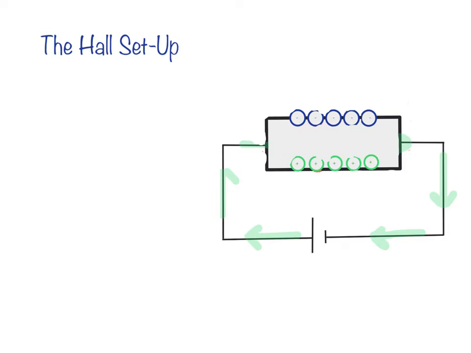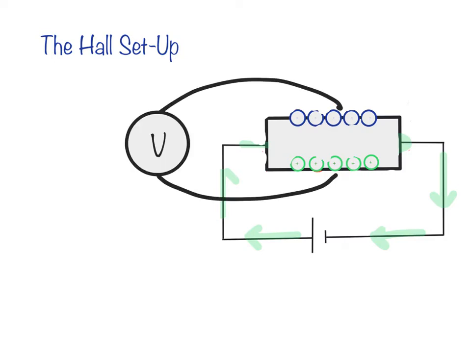Now hopefully it's pretty clear that if I attached a voltmeter across these ends of the plate, I would see pretty clearly that I have a potential difference that's been established in the presence of a magnet. Of course, there's not direct contact of the magnet with the bar, but in its presence, we have seen some sort of deflection.